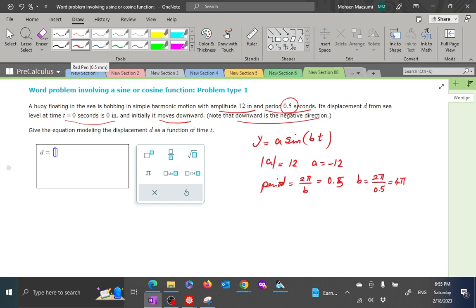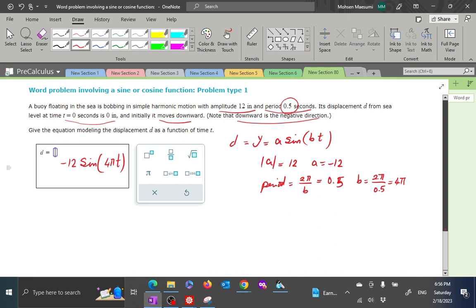So for the distance, we are using the letter d. This is going to be minus 12 sine of 4 pi t. So that covers the simplest type of these, problem type 1.